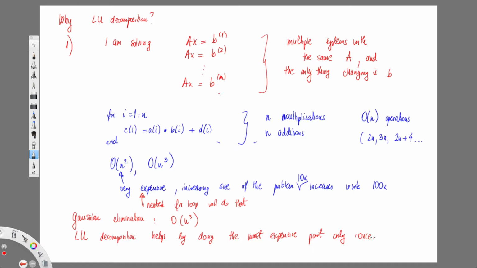So that's what ends up being n cubed here. In essence, even if you have the simple loop, if you have n operations here, that's going to be n squared.